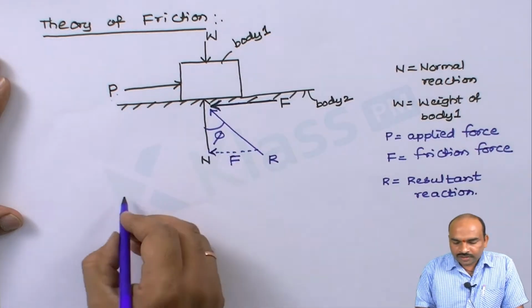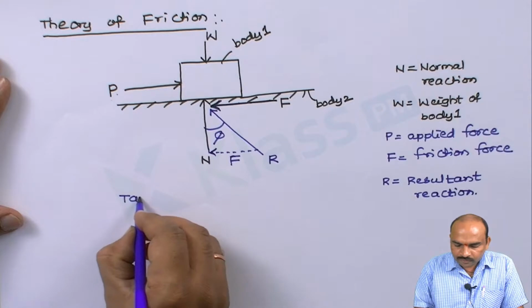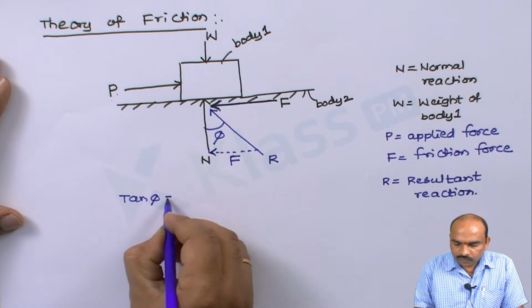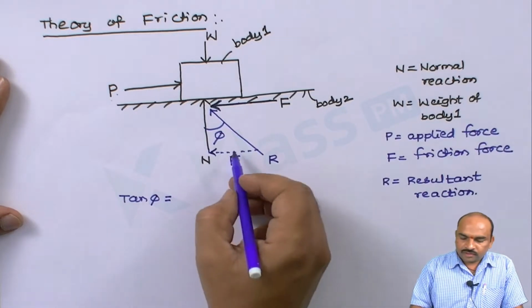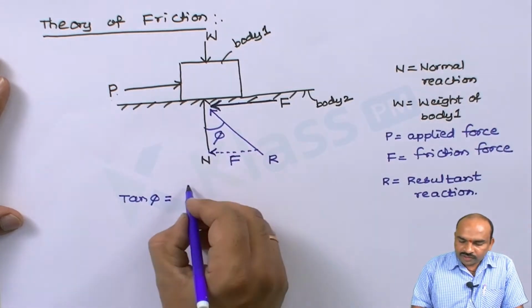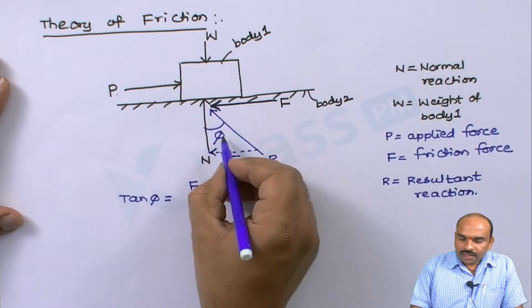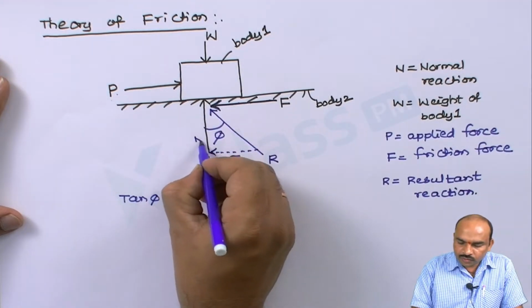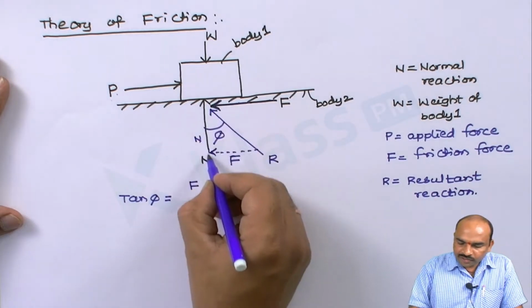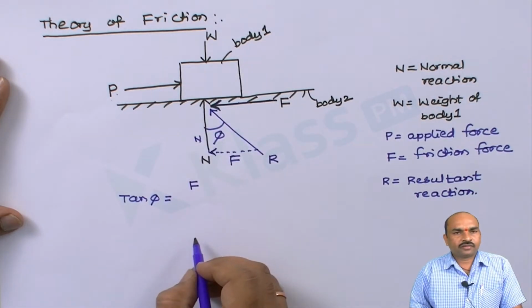Now let us take tan phi. We know tan theta equals opposite by adjacent. Its opposite value is the friction force F and its adjacent value is N. This total line represents the normal reaction.